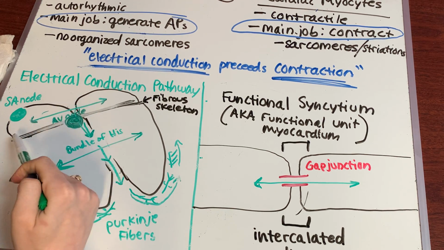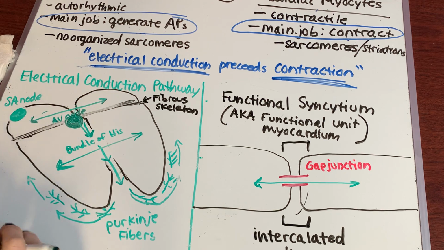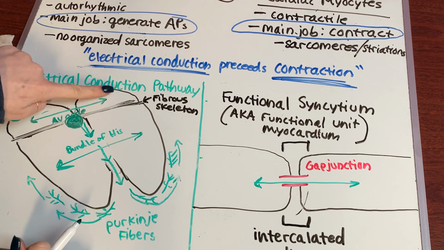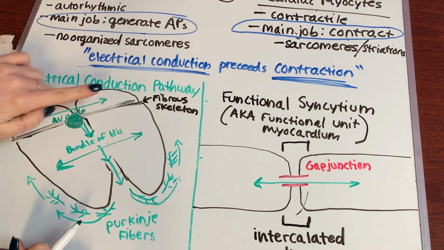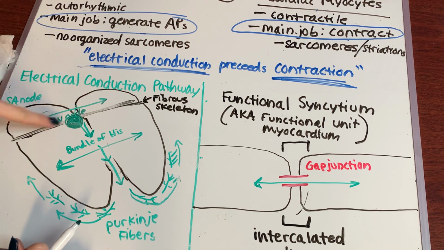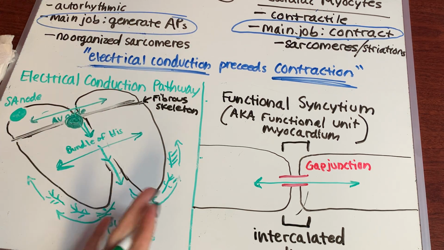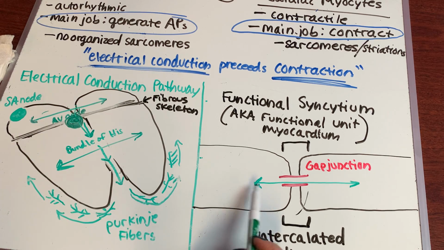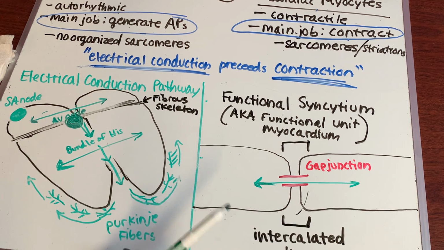So this fibrous skeleton separates the two functional syncytiums. What you can say is, with these green arrows, the atria are one functional syncytium, or one functional unit, and the ventricles are our second functional syncytium. It just means that we can spread our action potentials through gap junctions.